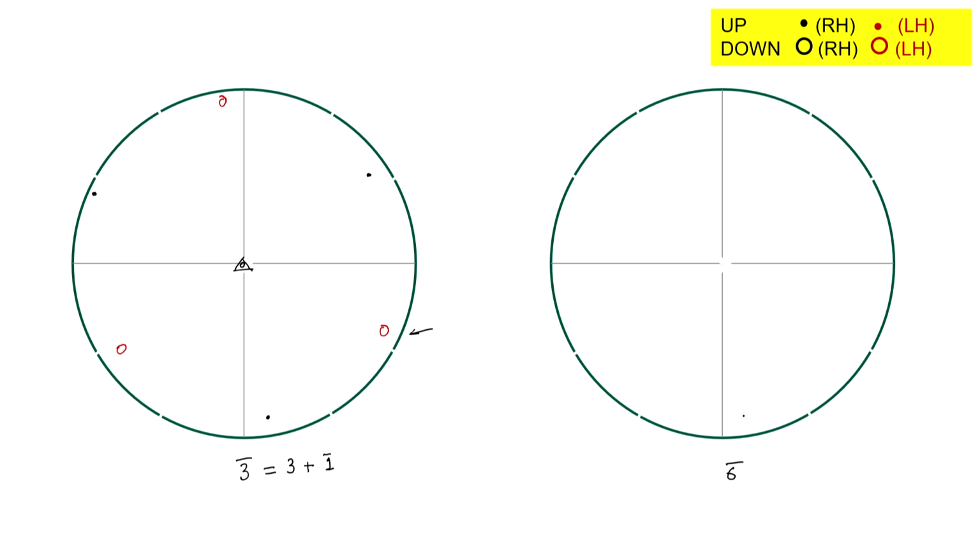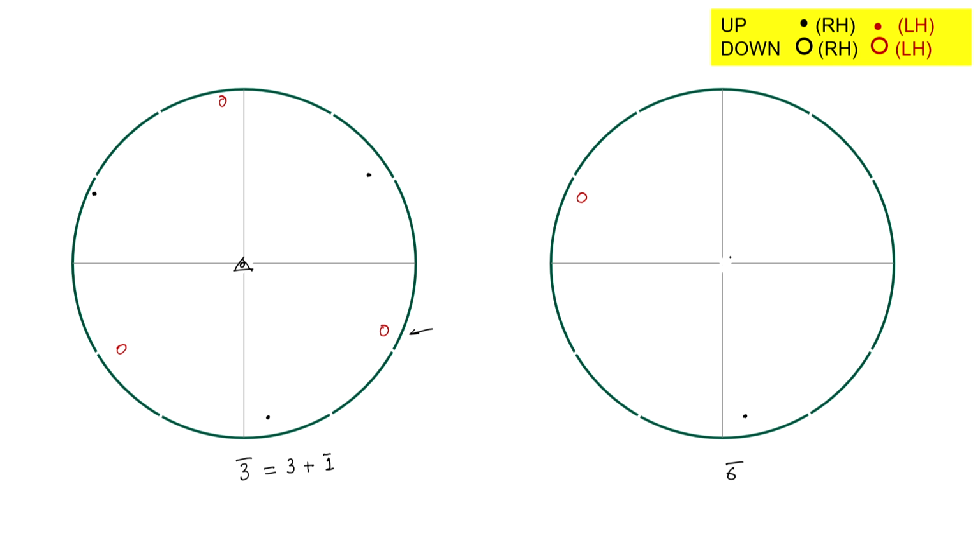I start again in the same way, I start with this point, up point, and then I rotate, and this time I rotate through 60 degrees because it is a six-fold roto inversion. So, six-fold would take me out here and then do an inversion, I come here. Then I rotate through 60 degrees, come here, and then do an inversion.